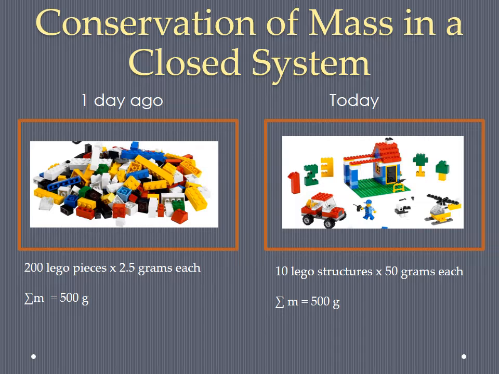As you can see, this disorganized pile of Legos from yesterday is now a beautiful pile of structures organized for learning and enjoyment today, but they are still the same matter and therefore the same mass within a closed system. Remember, total mass does not change in a closed system as we are looking at the same matter over time.